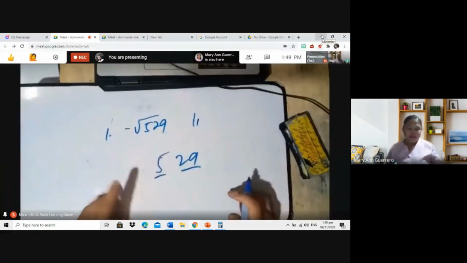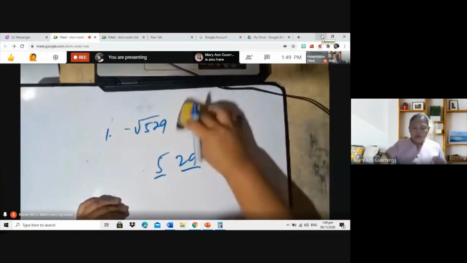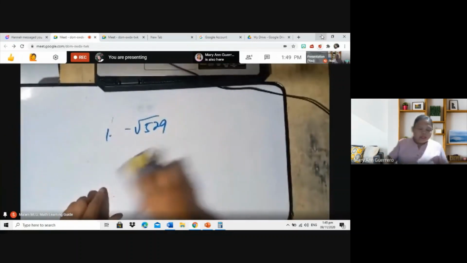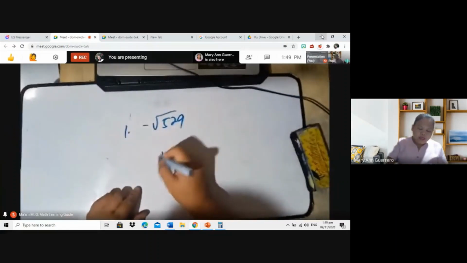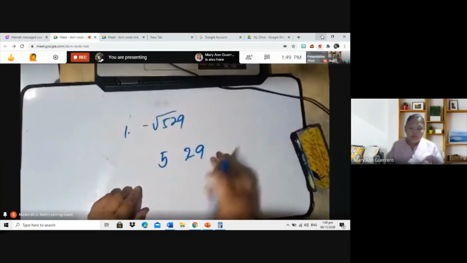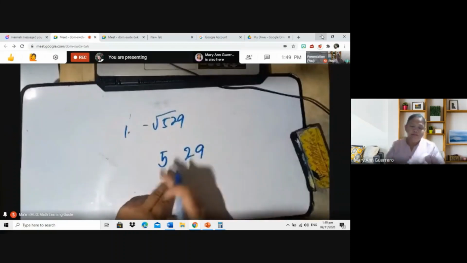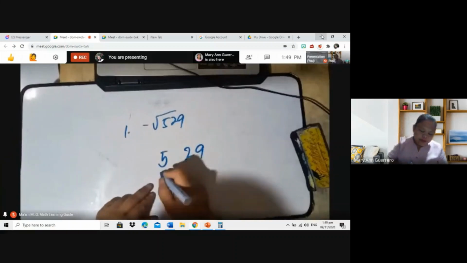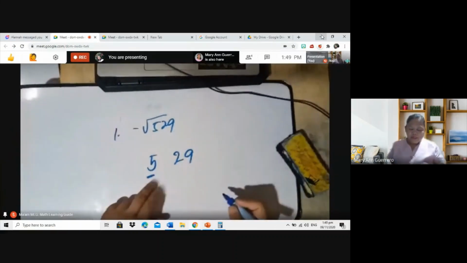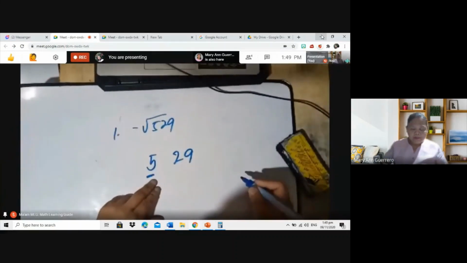Okay. Hindi pala naka-project yung aking screen. Okay. Ulitin natin. So, we have square root of 529. Hatiin siya by 2, the two digits from the right. So, we have 5 and 29. Now, yung 5, isipin ninyo yung perfect square na pinakamalapit sa 5.